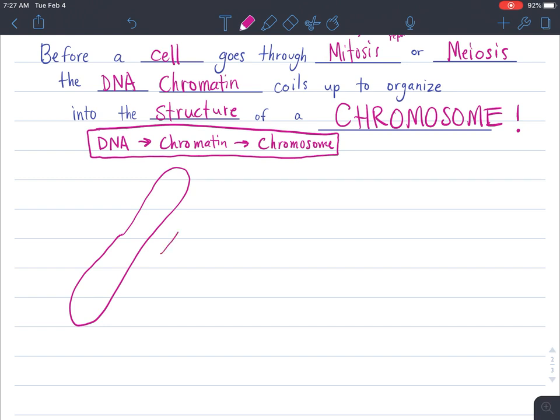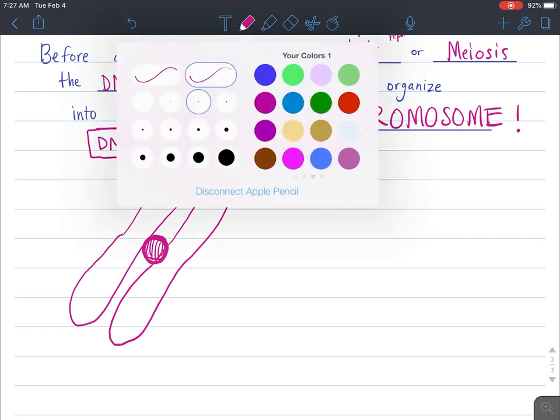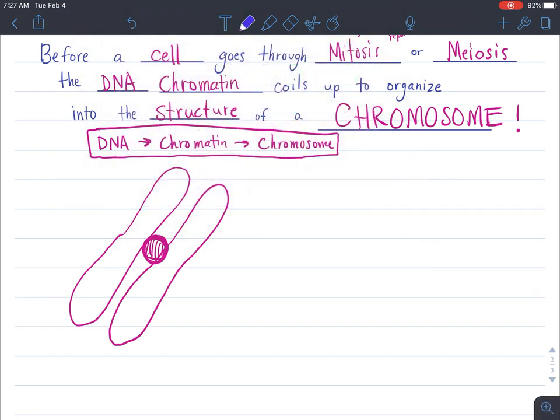But when we go through mitosis and meiosis, we need to make a copy of it so each cell gets a copy of the DNA. And so what we find is that there's an exact copy of each other. And in order to keep them together, they're connected by this central piece here. And so let me describe to you the portions here of a chromosome.